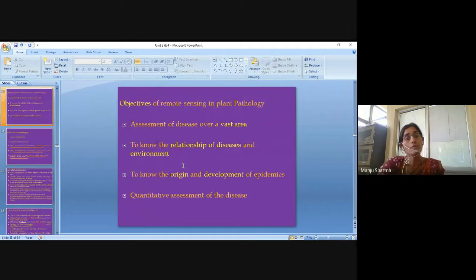So, the objectives of remote sensing in plant pathology: the assessment of disease over a vast area, to know the relationship of diseases and environment, to know the origin and development of epidemics, and the quantitative assessment of the diseases.